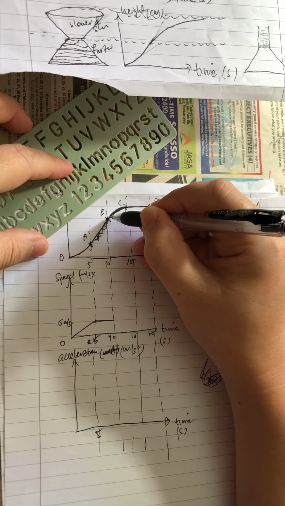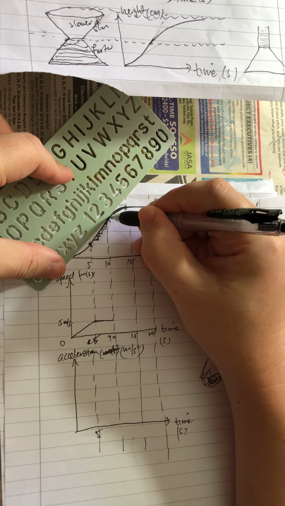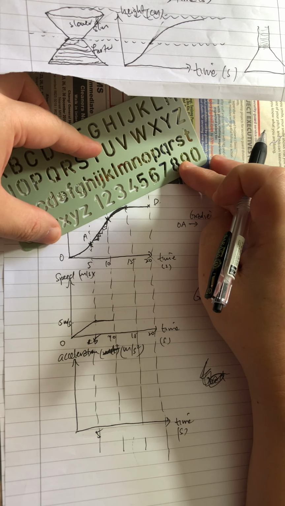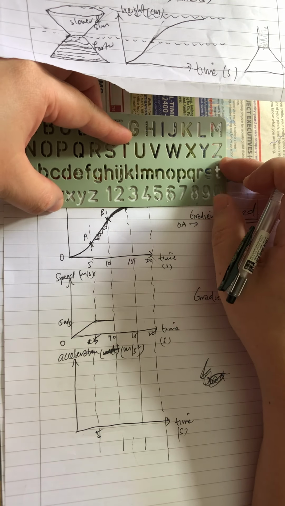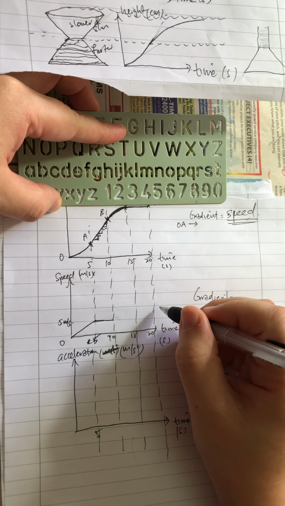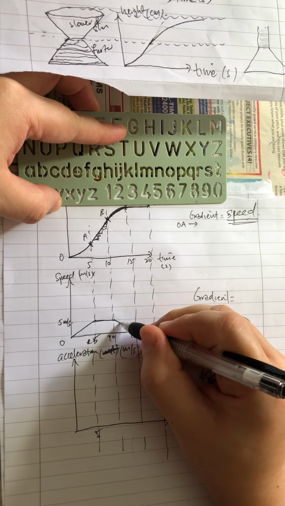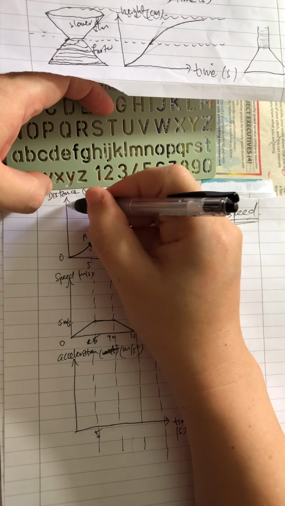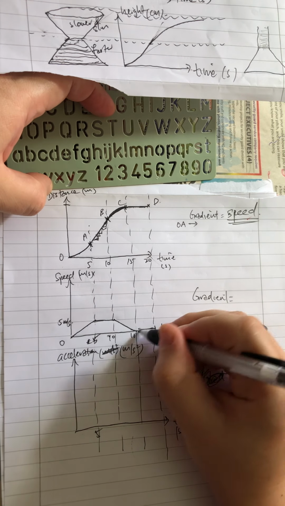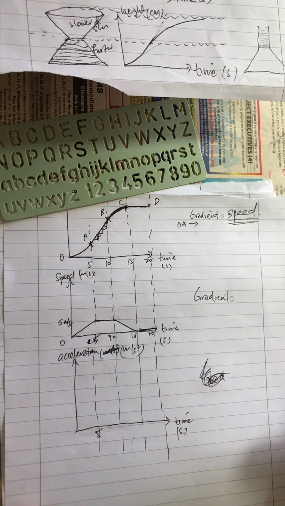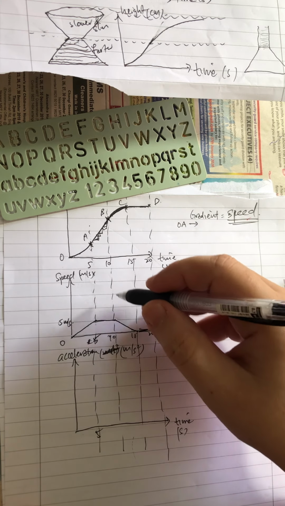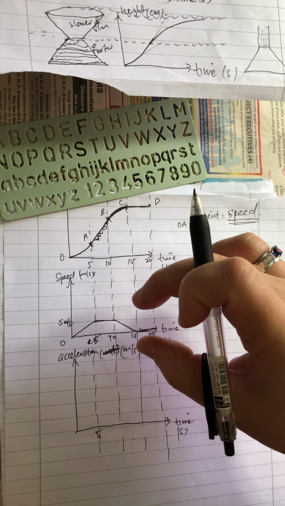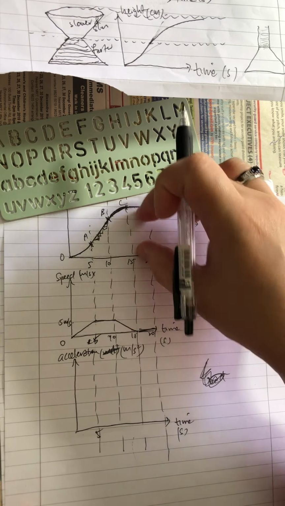But if I ask you to find it a little bit further, it'll be less than 5, and even less, until you become a horizontal line, and that's when the speed is 0. So it'll be like that. And for the next part, because he's stationary, it'll be like that. This is what I need you to know to be able to move from here to here, and for certain questions, here to here.